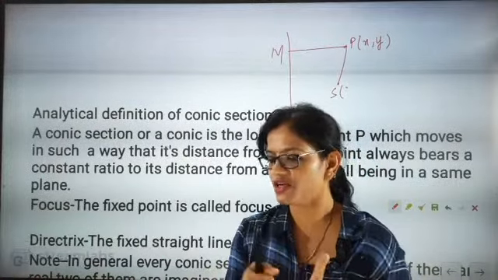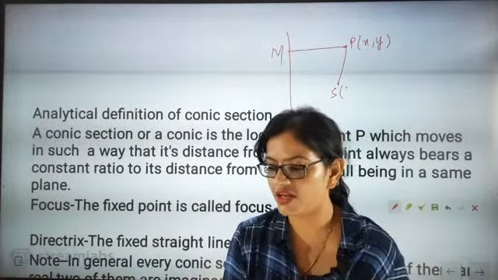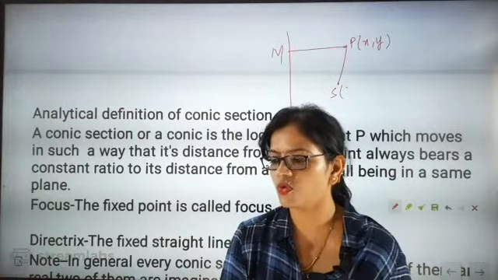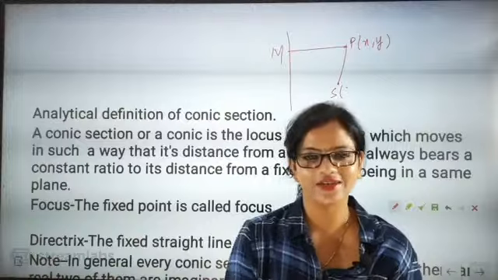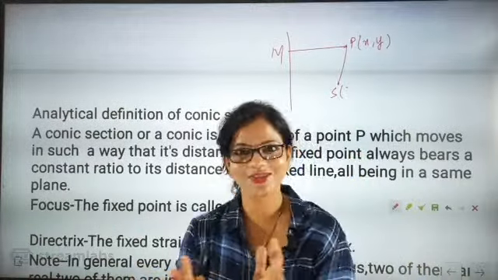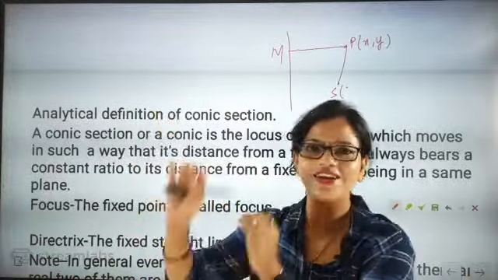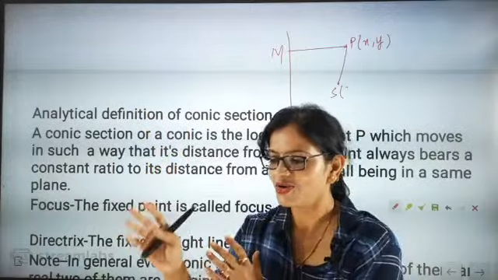Where are the rest of the children? If you have any doubt, we can discuss it. So what is the analytical definition? In this story, there are only three characters. Whatever you studied in the beginning of the class, don't think about that.